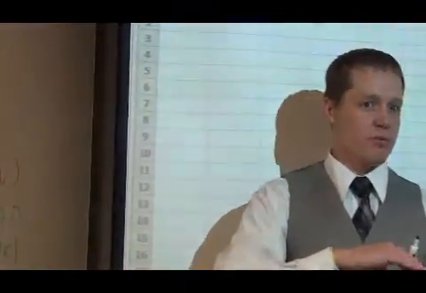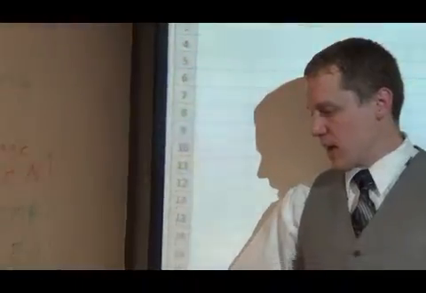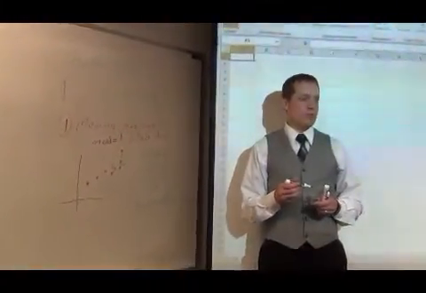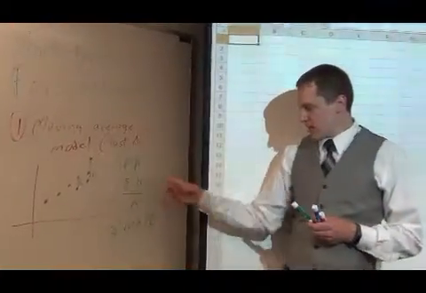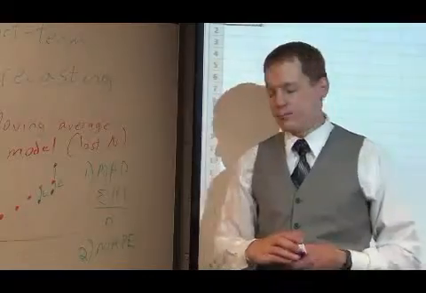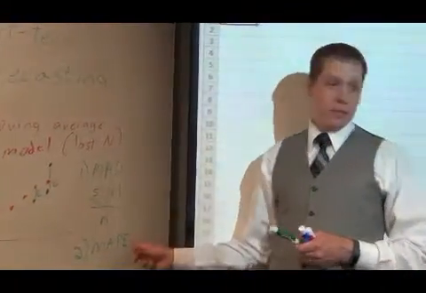Were we 5% off? Were we 100% off? And then we take that divided by n to say, on average, what percent off was our prediction? Again, we have to take absolute value. We don't want a positive and a negative error to cancel each other out. Okay? So that's MAD and MAPE.